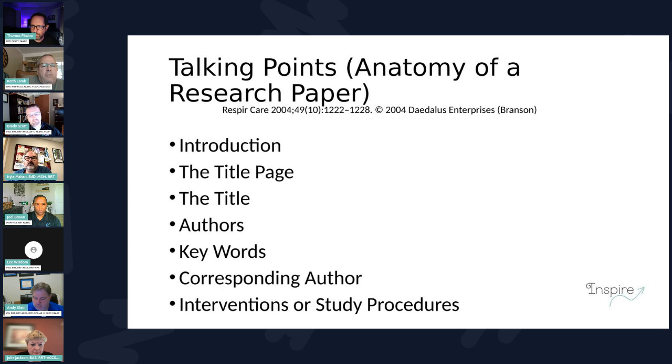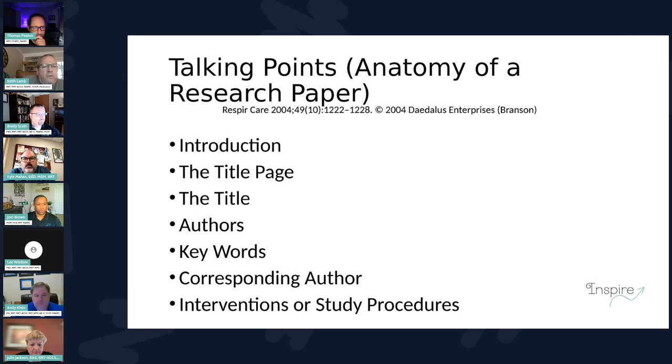So introduction, title page, of course you have the authors and the author affiliations. Some of the common words that are used will show up in a keyword list so that everybody's aware of the specific definition of each word that the author is going to use throughout the paper.